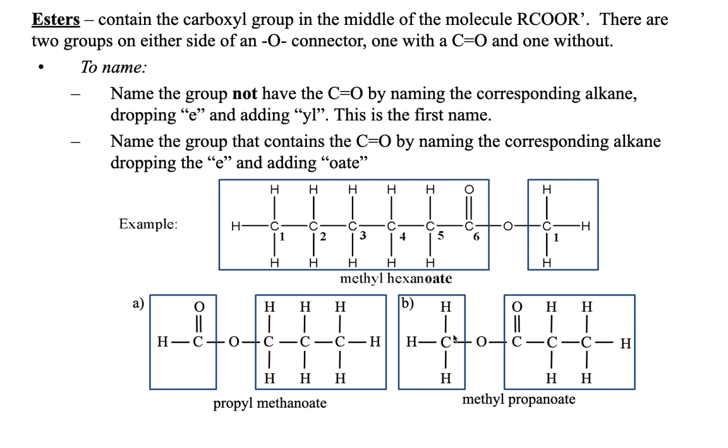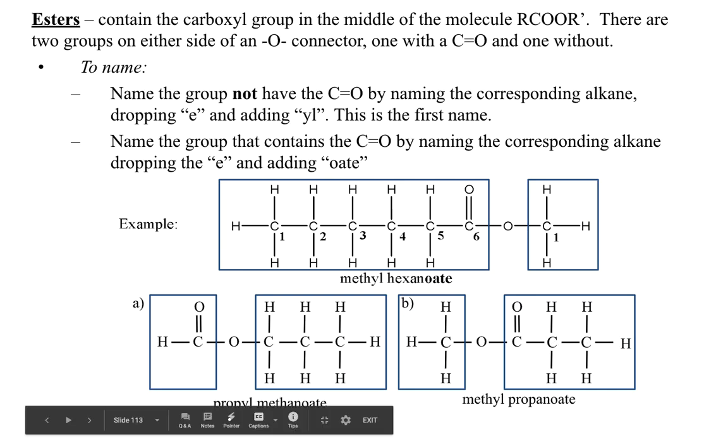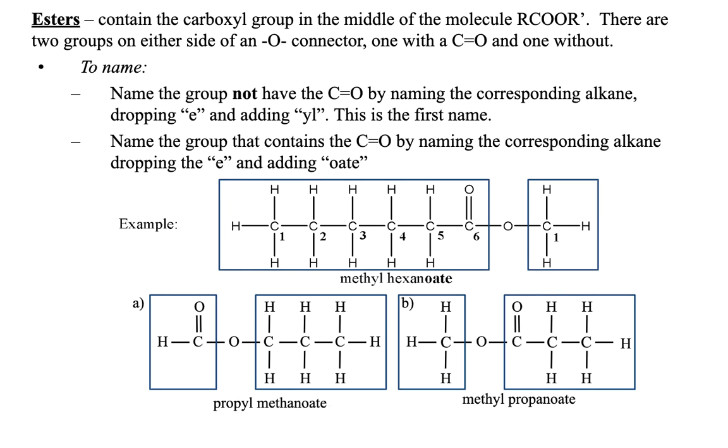If you look at the formula of these, right, they each have 4 carbons. They each have 2 oxygens. They each have 1, 2, 3, 4, 5, 6, 7, 8 hydrogens.